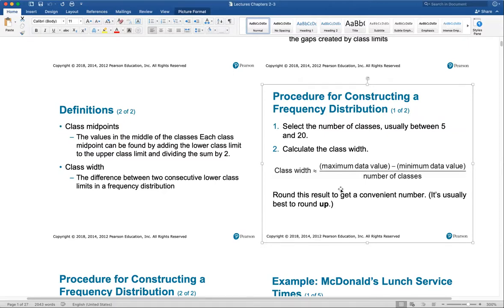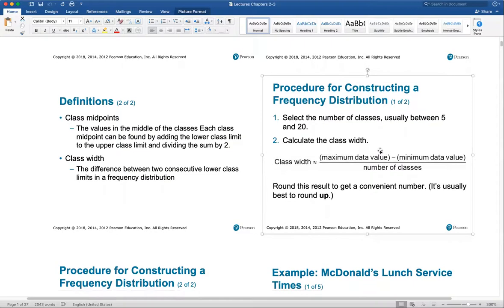Then you don't have to select the number of classes, because usually in the problems the number of classes is given. Then we calculate the class width: maximum data value minus minimum data value, divided by the number of classes, and then round this result to get a convenient number. It's usually best to round.